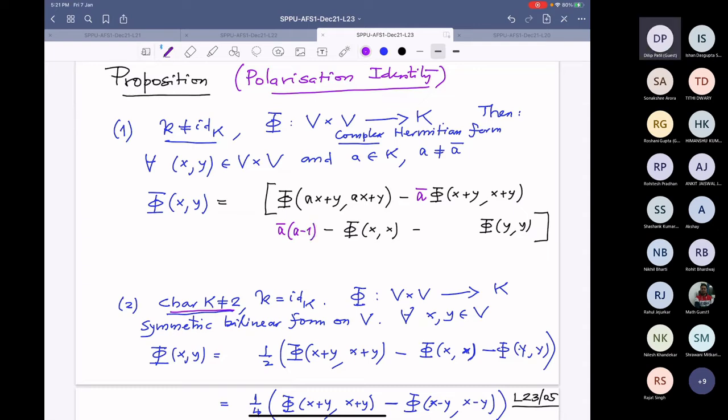Or not minus, before that minus I should have put. The minus comes before, and then A bar, A minus 1. That is the coefficient of this. And here it will be 1 minus A bar.